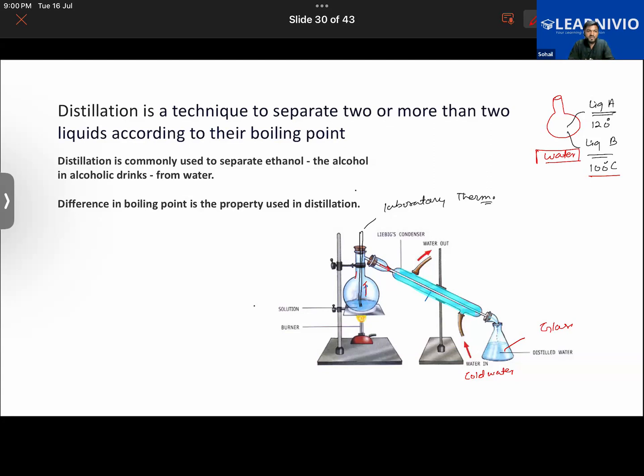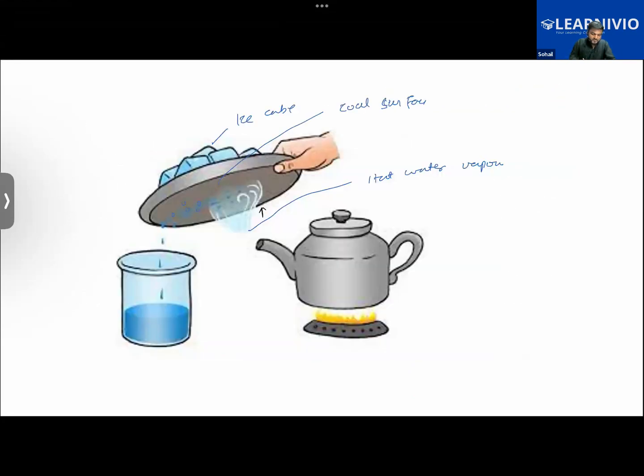Thereby, you would have a liquid called distilled water. The one that you see in this image over here will be called distilled water. This is also an example of distillation, but here we have just one liquid.